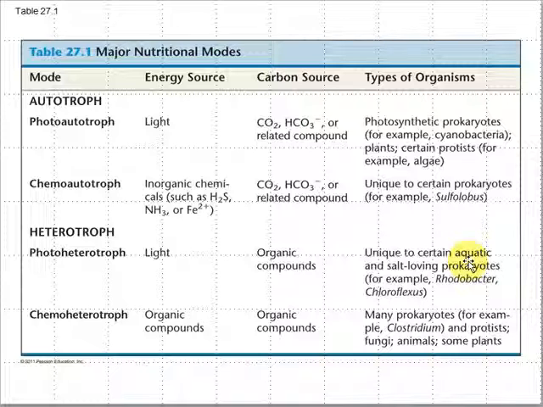So these two, photoautotroph and chemoheterotroph, are more common, and we see those just walking around East Texas. But the chemoautotrophs and the photoheterotrophs are less common, and they're usually only found with the prokaryotic creatures. So these are four different nutritional modes, and it's another way of sorting out these creatures based on how they live.